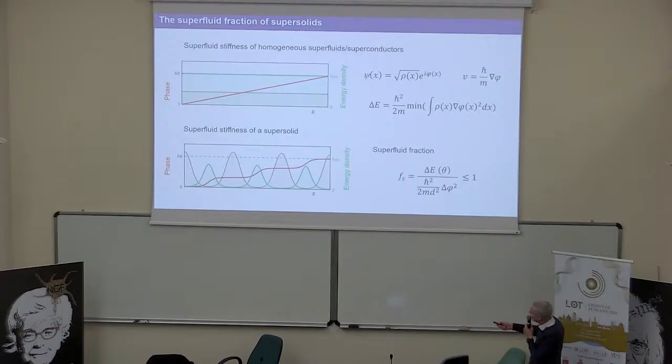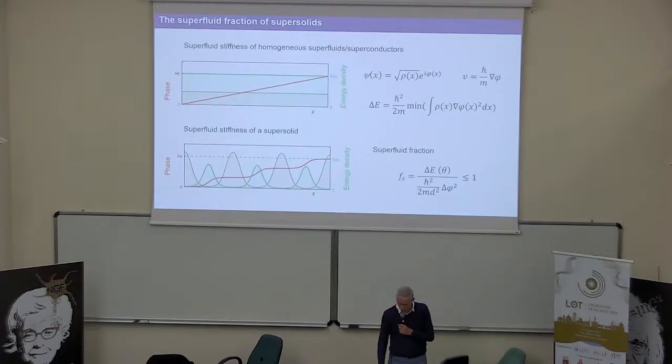You have, if you want, the combination of the classical system, where your crystal part stays still, and the superfluid part moves. But here I'm not speaking correctly because it's a single macroscopic function. By relating this energy of the supersolid to the standard energy of a superfluid, we define this superfluid fraction, a quantity that should vary between 1 for a standard superfluid and 0 for a classical solid.